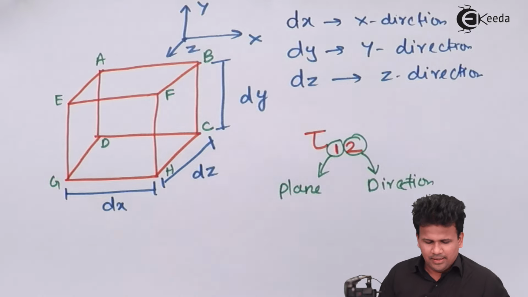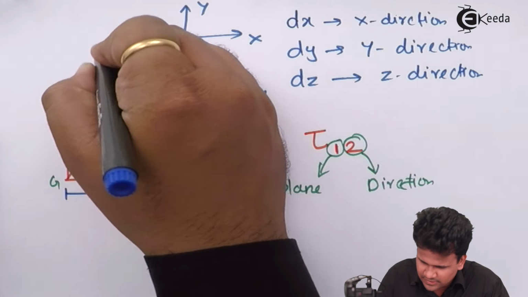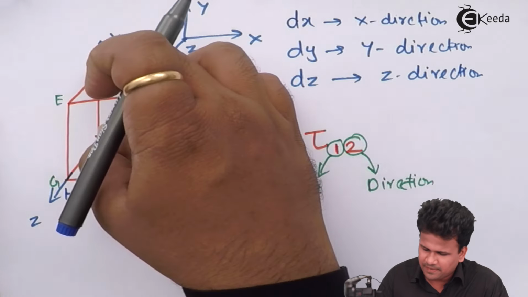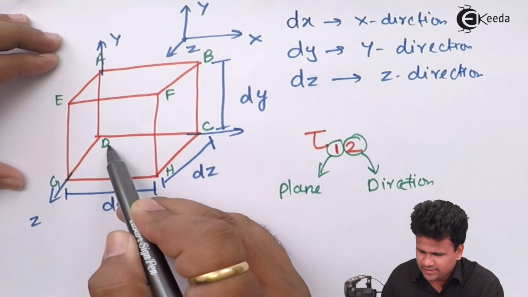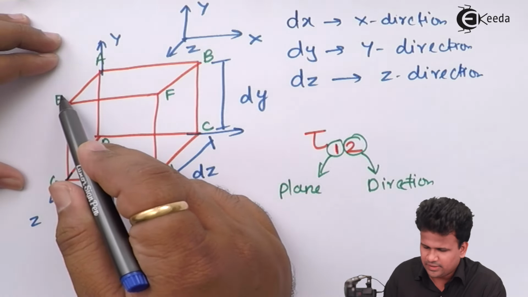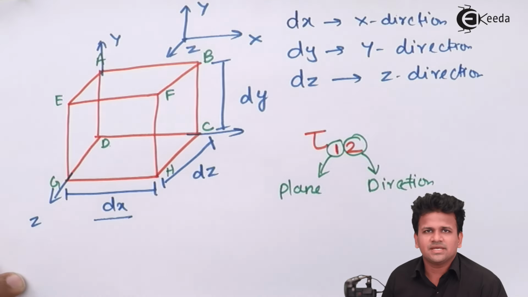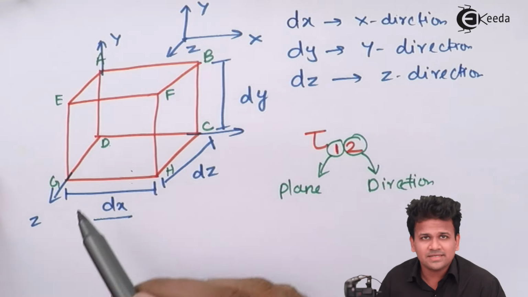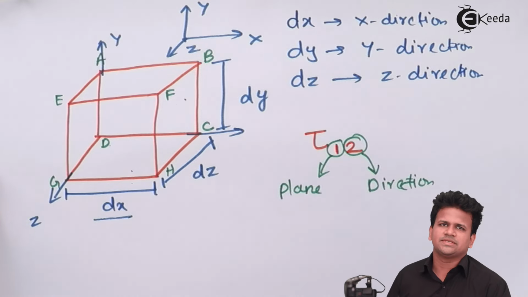So now we'll see what the planes are over here. This is our x-axis, this is y-axis, this is z-axis. Now the x plane, which is this plane, that is plane A D G E, this is the x plane. The distance between two x planes is given as dx. The distance between two y planes is given as dy, and the distance between two z planes is given as dz.